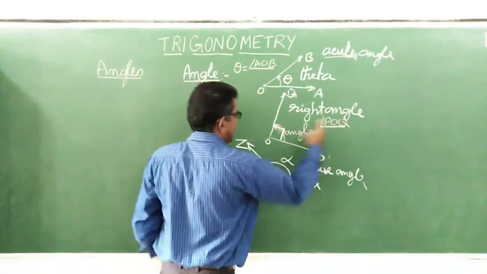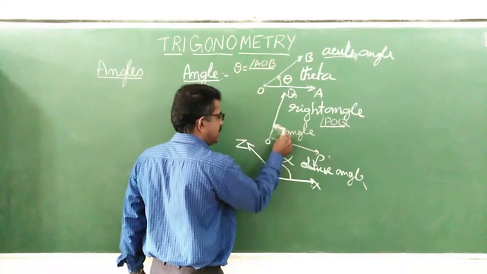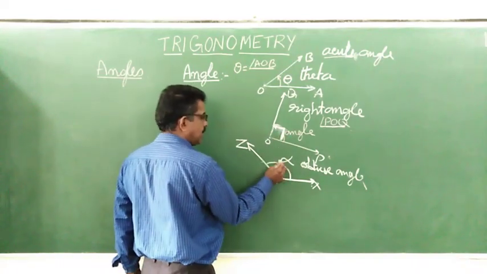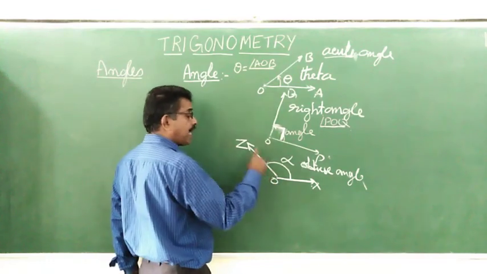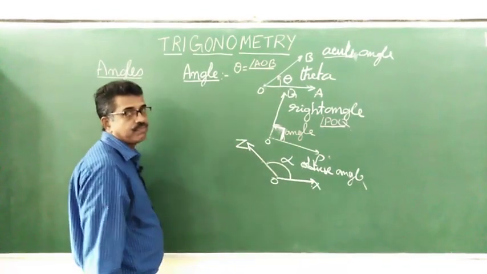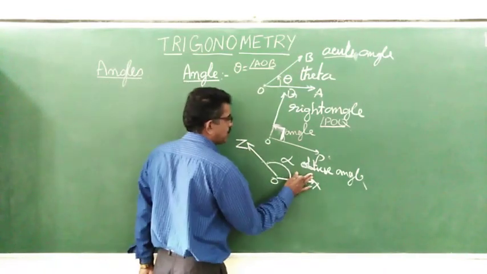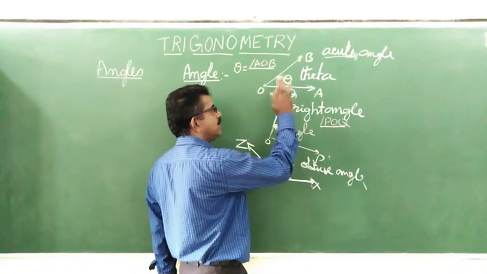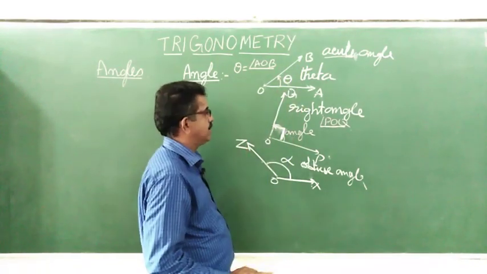This is the right angle, and we denote it like this. And this is an angle more than 90 degree, more than a right angle, which is known as an obtuse angle. So we have obtuse angle, right angle, acute angle. I will not repeat much about this because we are familiar with it.